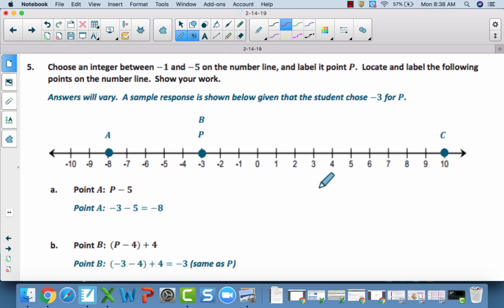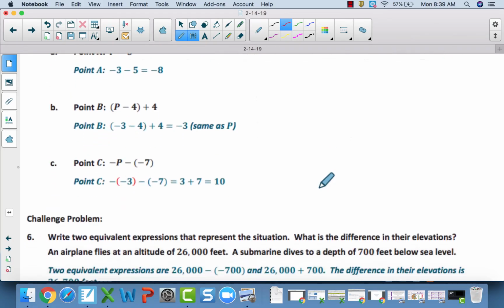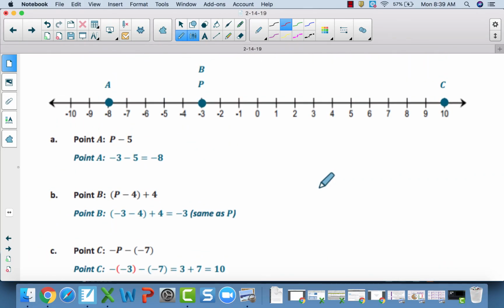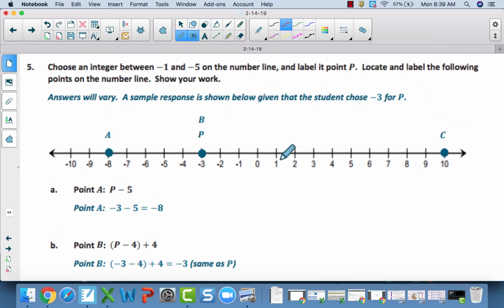Number 5, you had to choose some integer between -5 and -1, excuse me. I ended up picking -3 as that point. And then we needed to go through and answer these 3 questions, okay? Obviously, your answer will look different because you could have picked -2, -3, or -4, because those are the 3 integers between -1 and -5.